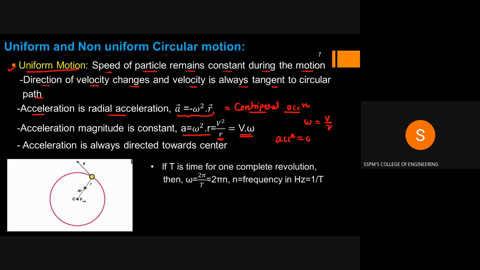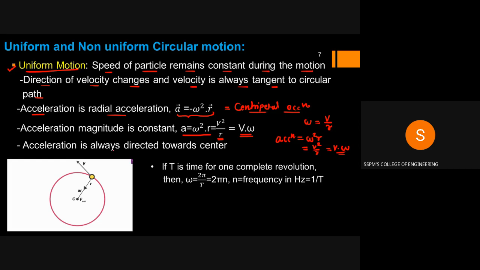One is omega square r, the second is v square upon r, and the third is v into omega. So you have to remember these two equations: omega is equal to v upon r, and acceleration is omega square r.